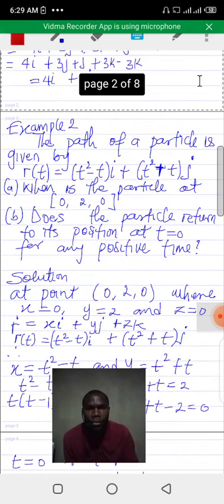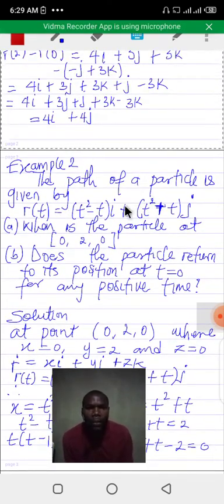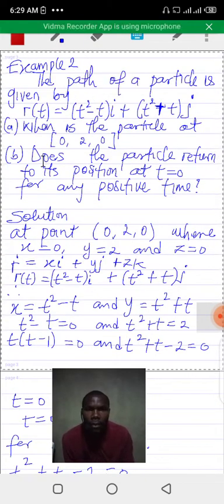Example 2 says the path of a particle is given by r(t) = (t² − t) i plus (t² + t) j. A, when is the particle at position (0, 2, 0)?